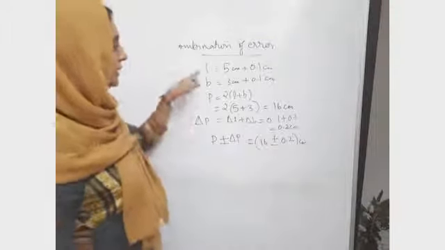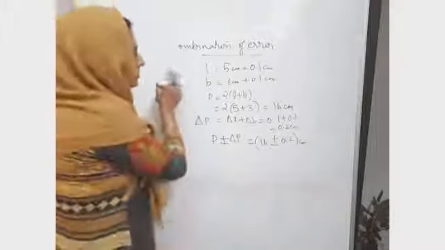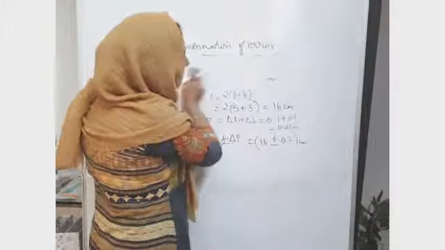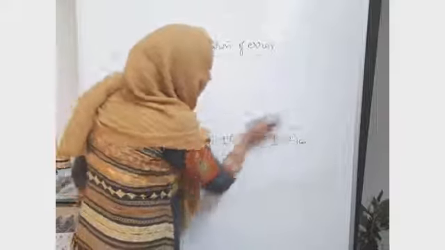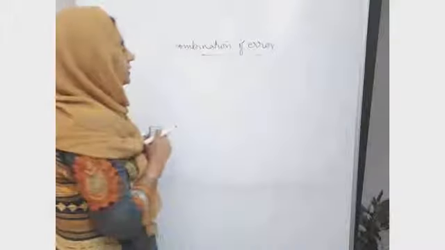So if error appears in length and breadth, this is how it will reflect on the perimeter. Now even if it is a difference, you just have to add the error. Suppose you want to find out the difference between two values, say the temperature difference.